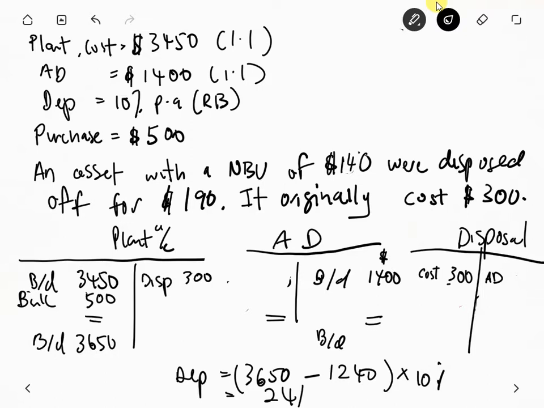So step 2, take out 160. So net book value 140. Step 3. Bank how much? So it's a gain. So disposal done.